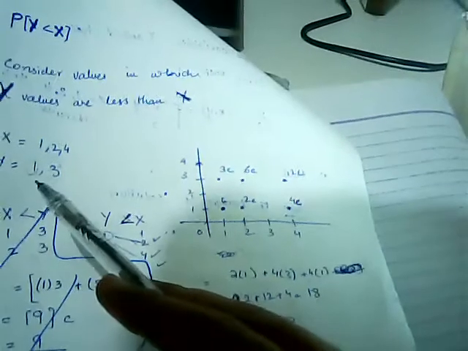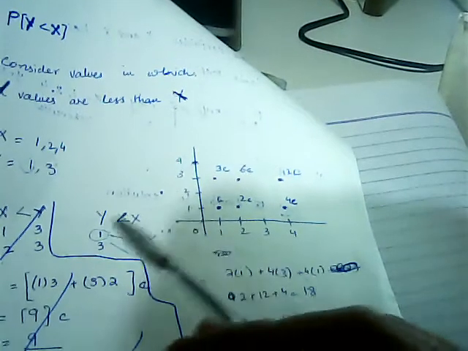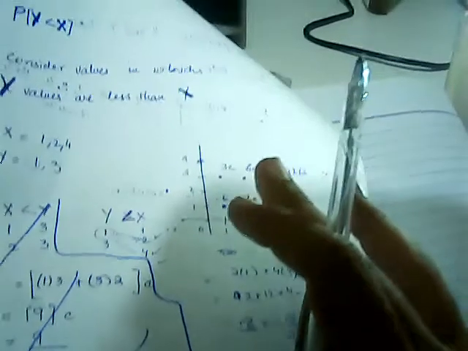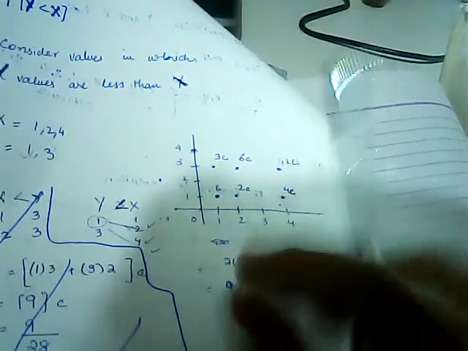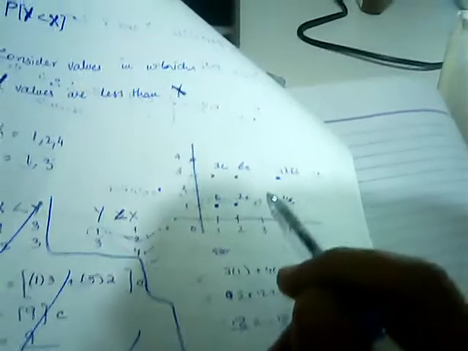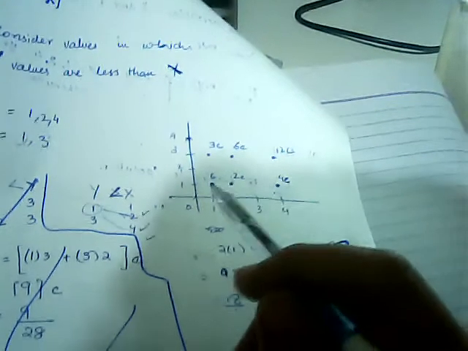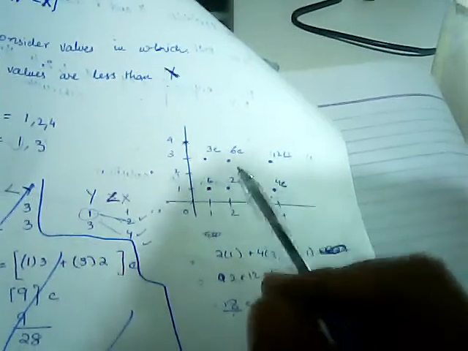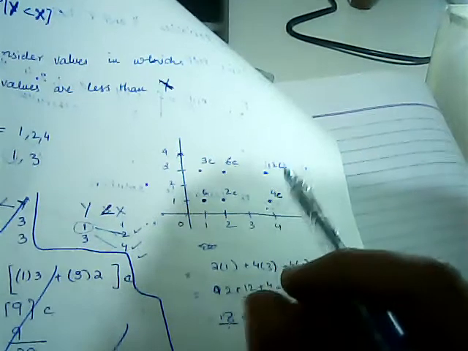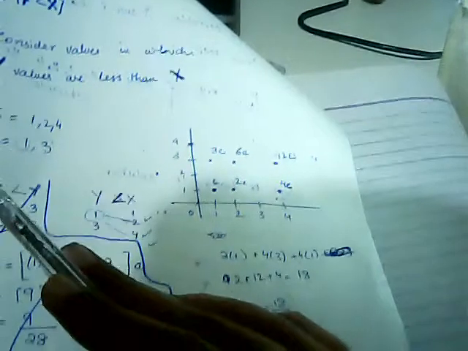We need to plot all the values first on the map, and then we'll put our situation onto the map, or extract our situation from the map to get our answer, and it will make our solution quick and easy.